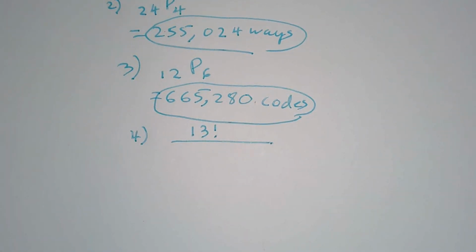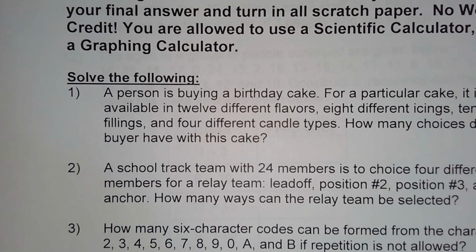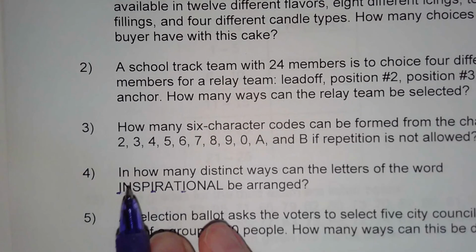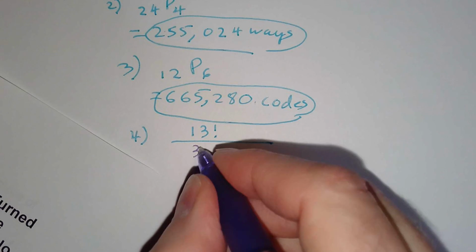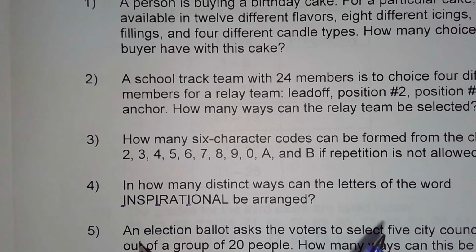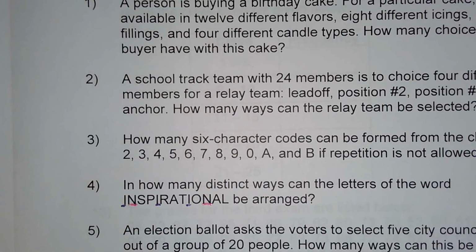And now we have to look for the repetition. Well, we have 1, 2, 3 I's. So that's going to be a 3 factorial. Let's see what else repeats. We have an N here and an N here, so it looks like we have 2 N's.